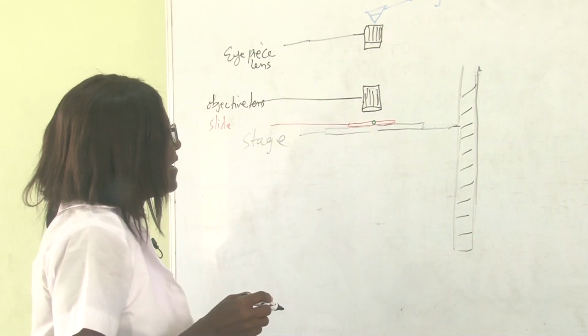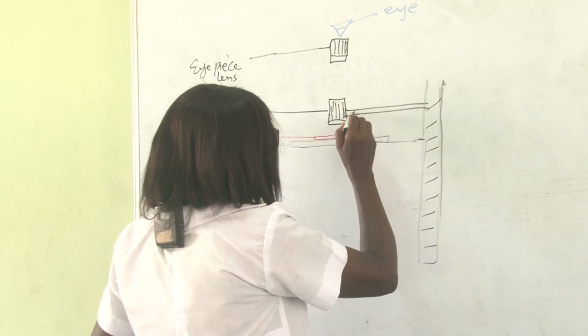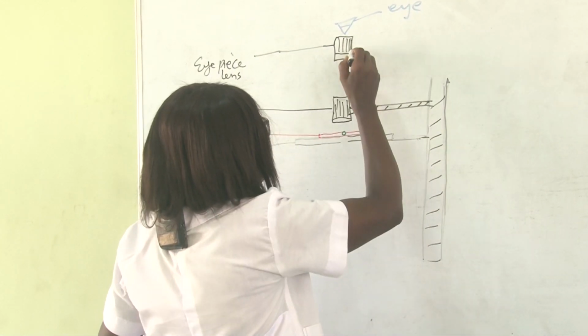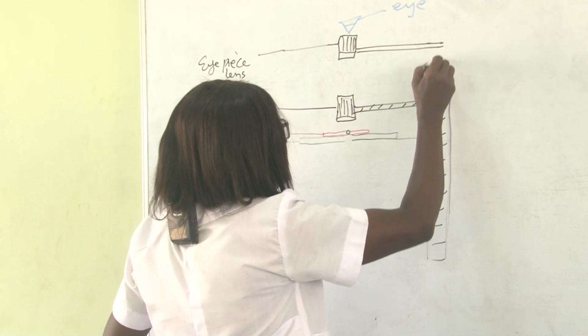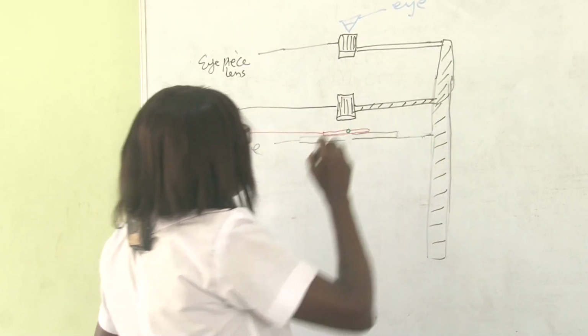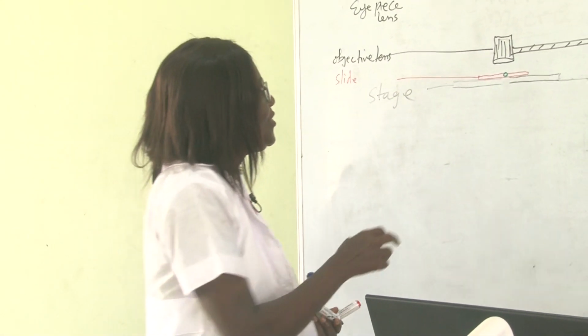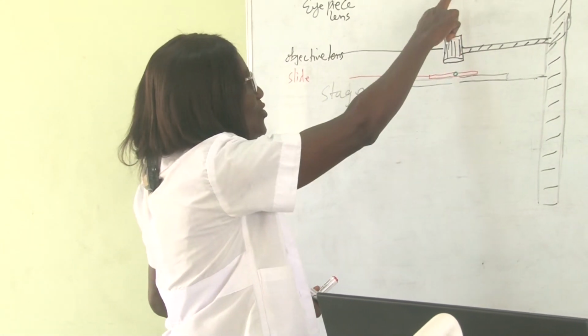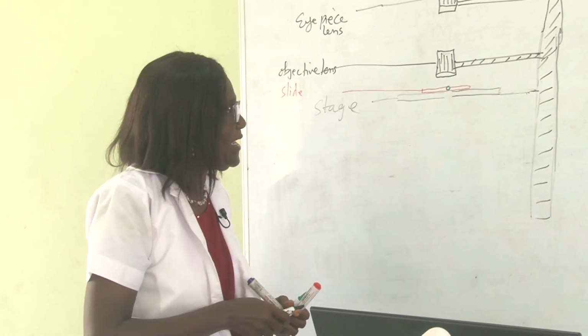But there's something that this structure will need to hold the objective lens. Another structure will have to hold the eyepiece. And this is the human eye looking through.